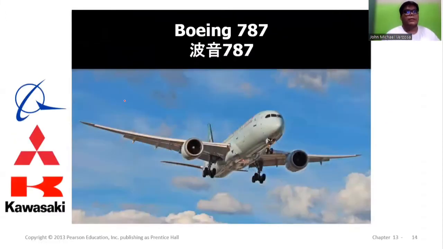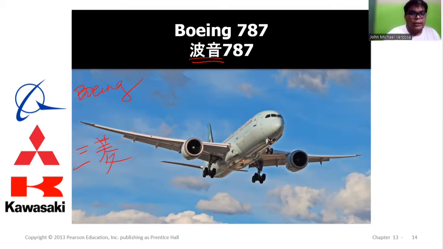For example, 这是 Boeing 的公司. Boeing, and then you have Mitsubishi, and last but not the least, Kawasaki.